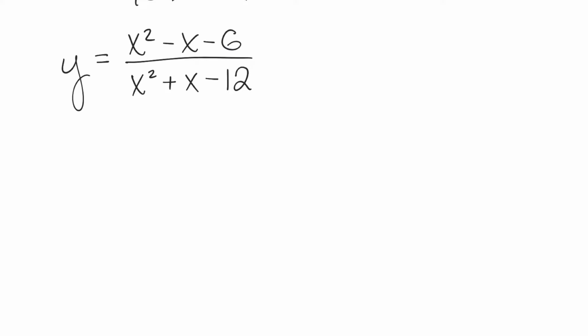Well, we know that we're going to have vertical asymptotes wherever we have a 0 in the denominator. What do we know about quadratics? We know that the best way to deal with a quadratic is to factor it. So if I factor x squared plus x minus 12, I'm going to factor that down to x plus 4 times x minus 3.